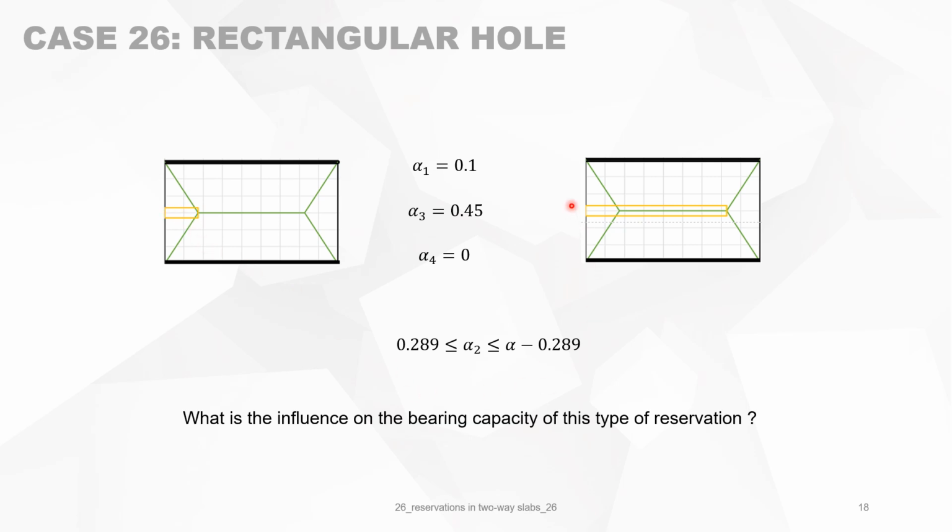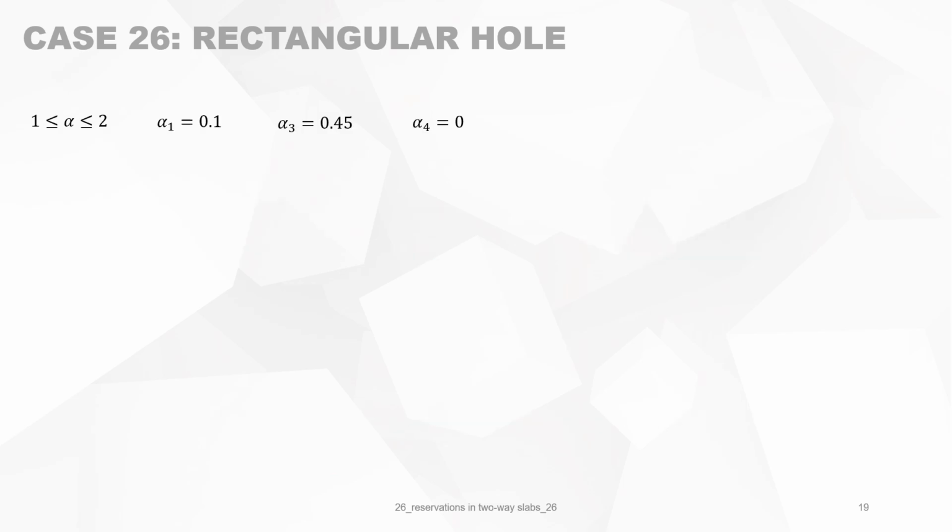And the length of the reservation varies from 0.209 times A till alpha minus 0.29. It is this situation and this situation. So now we want to know what is the influence on the bearing capacity of this type of reservation.